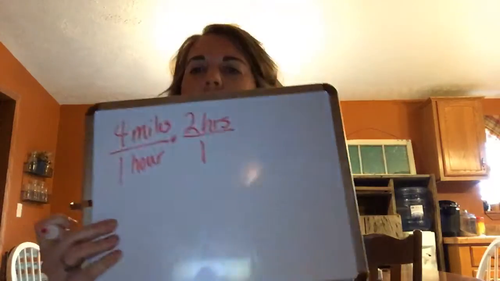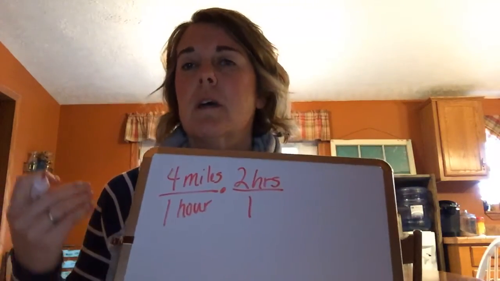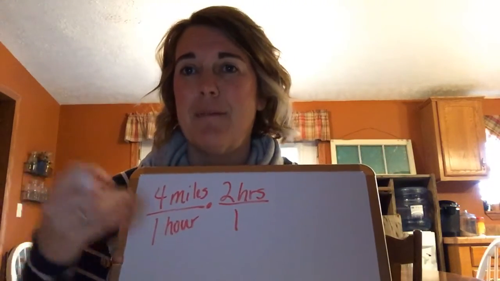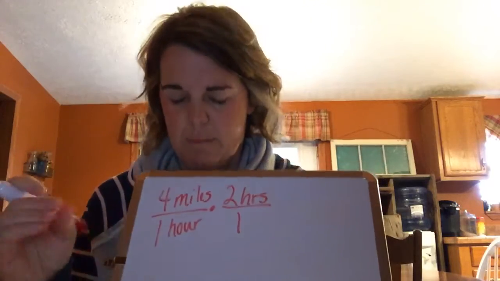So their example is 4 miles over 1 hour times 2 hours. I'm going to shorten hours. I'll show you in a minute. Okay, so you have this. You just cancel exactly like we did before. It has to be a top and a bottom, okay?